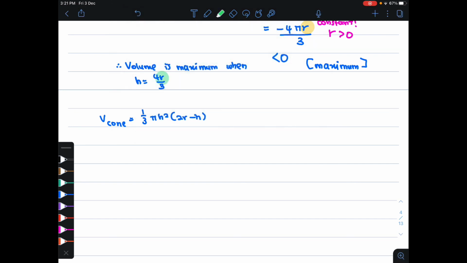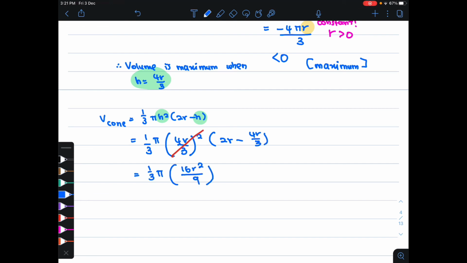And then substitute H 4R over 3 into H. And then simplify all of this.